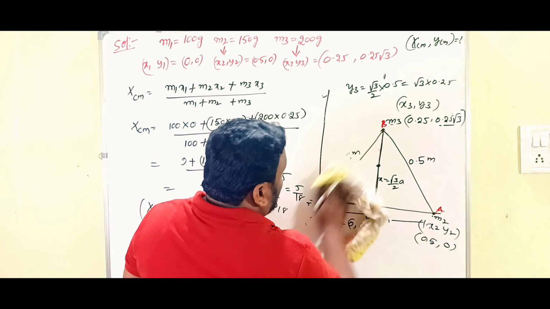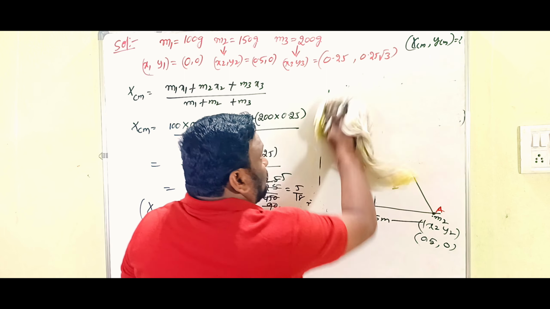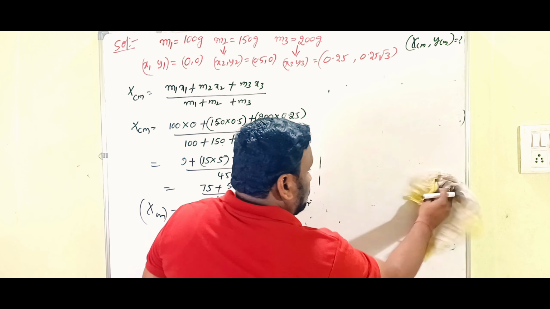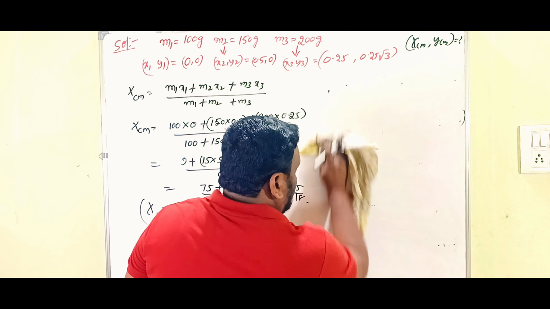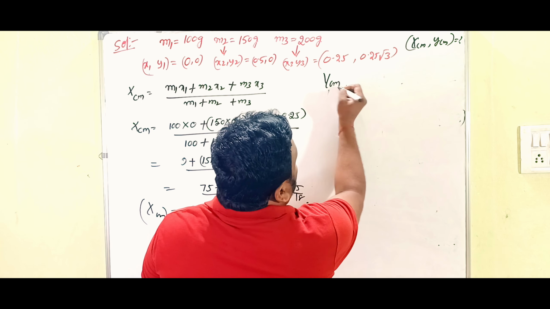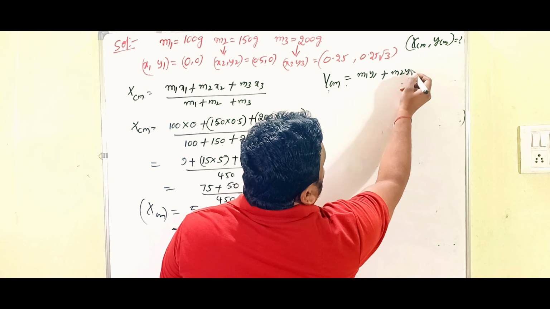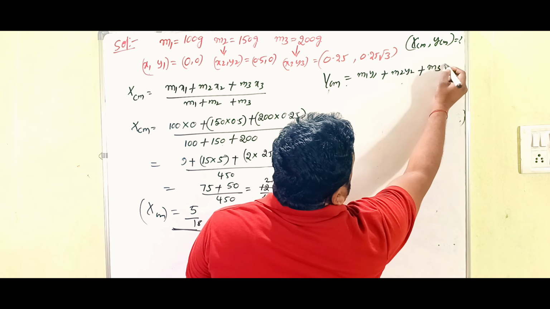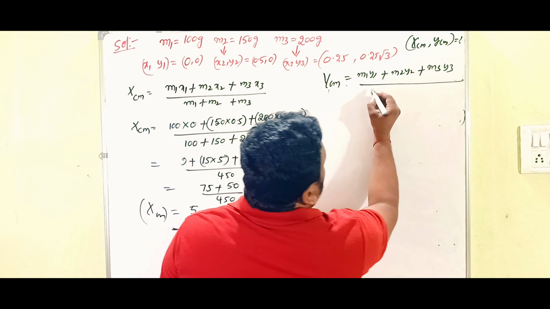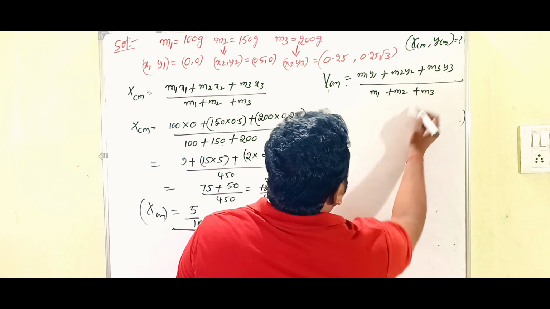So children, you already have an idea about this one. That's why I am erasing this. Again as usual, the ycm formula is m1 y1 plus m2 y2 plus m3 y3 by m1 plus m2 plus m3.